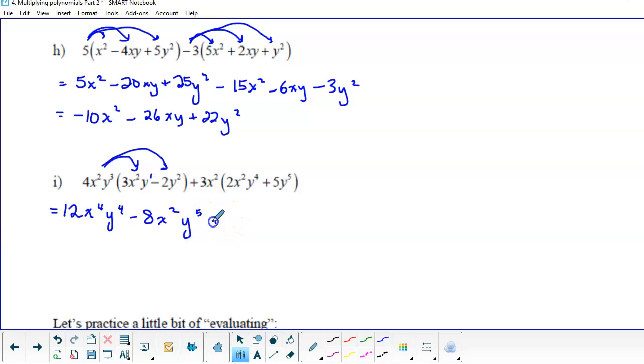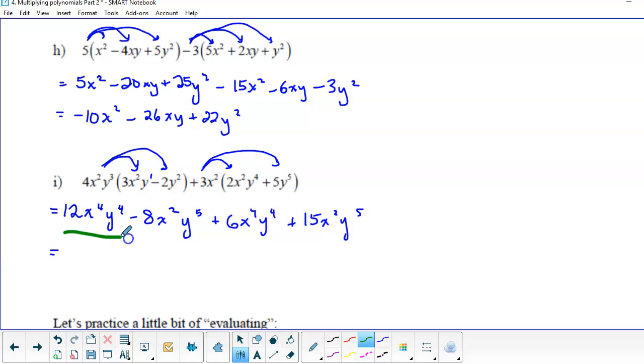And then plus, so we have to do this. So that's plus 6x to the 4th y to the 4th, plus 15x squared y to the 5th. Okay, and then like terms.